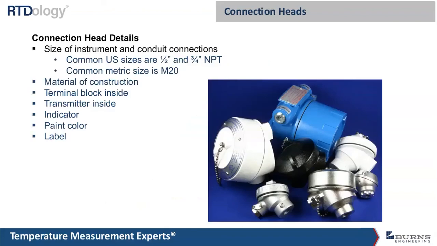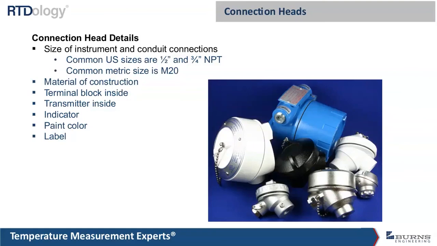And connection heads, these were used to terminate the temperature probe and provide some protection for it. A lot of different materials here, a lot of different sizes. Typically they're going to be plastic, aluminum, cast iron, or stainless steel.